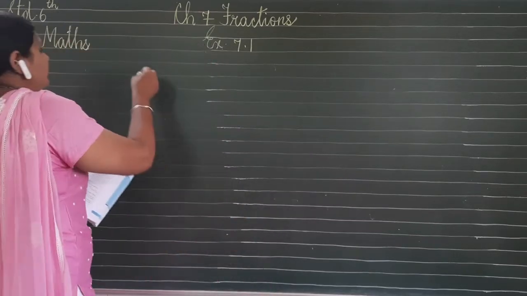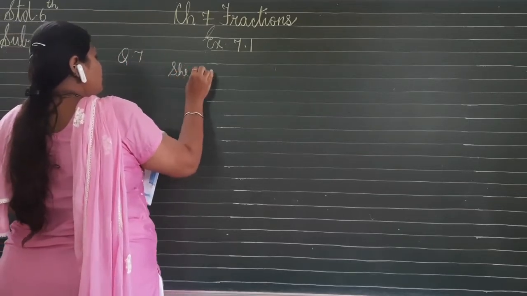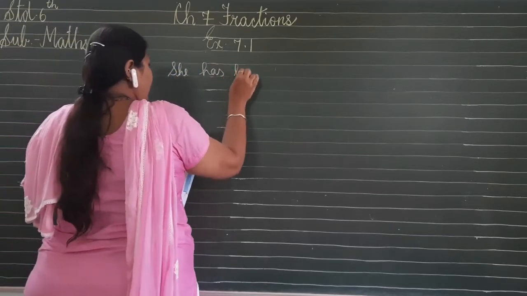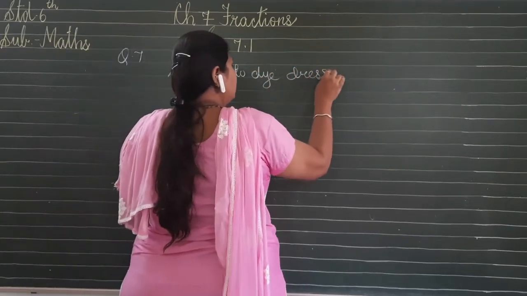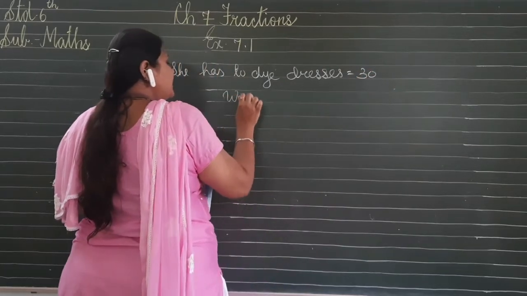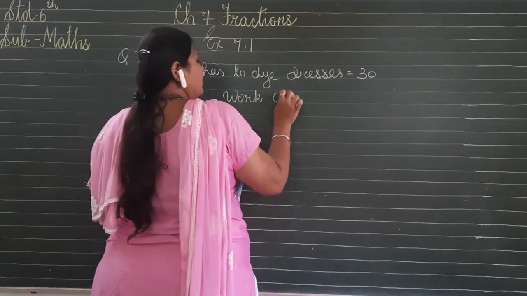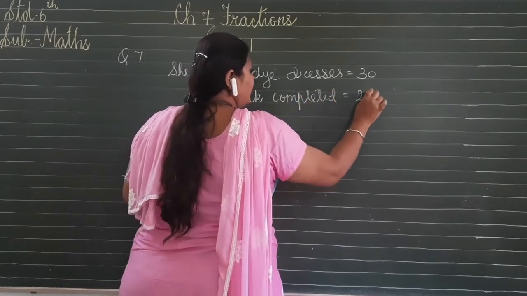So we will write like this. She has to dye dresses equal 30. Work she has completed is 20.